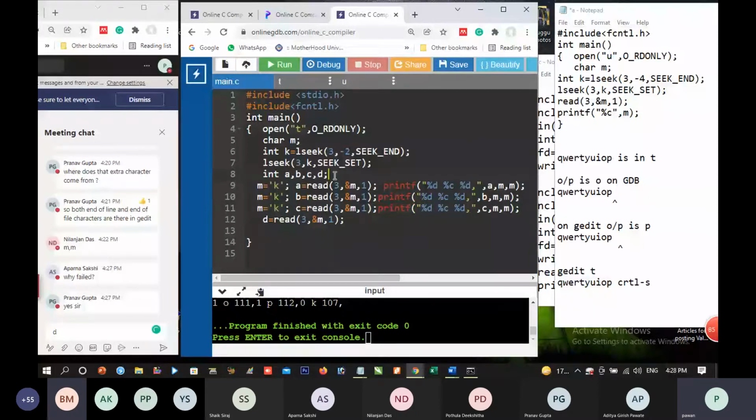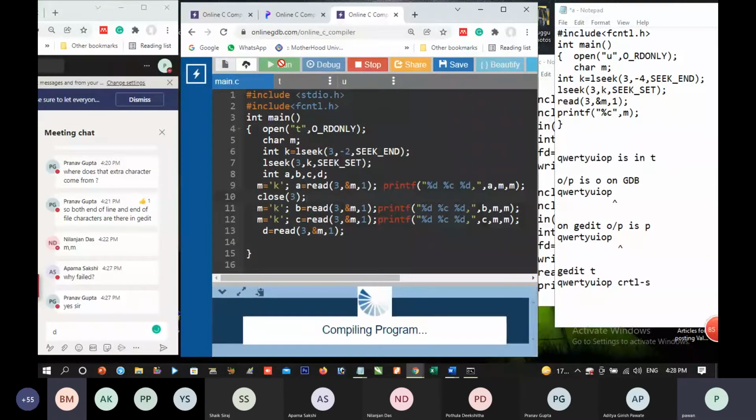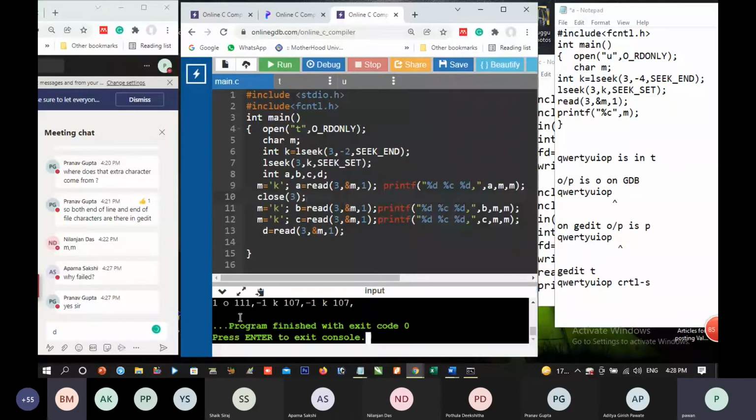Suppose we write it here. Here you see, the value of B has come out to be -1. Reason? Here the system call has failed. We have closed the file and we are trying to read from the file. It is called the failure of a system call.